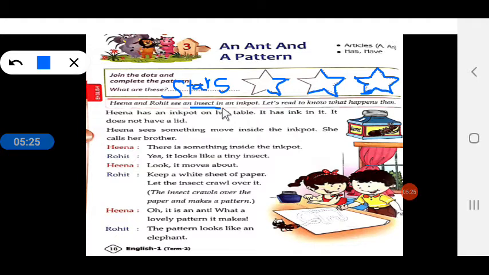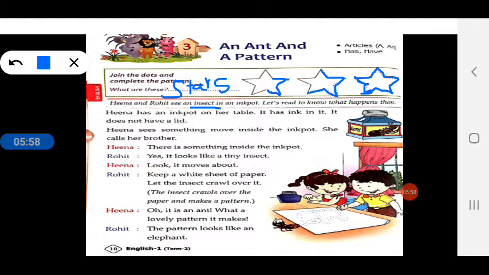A small arthropod animal that has 6 legs and generally one or two pairs of wings. We say insects, for example, butterfly, housefly, honeybee, dragonfly, mosquito, ant.